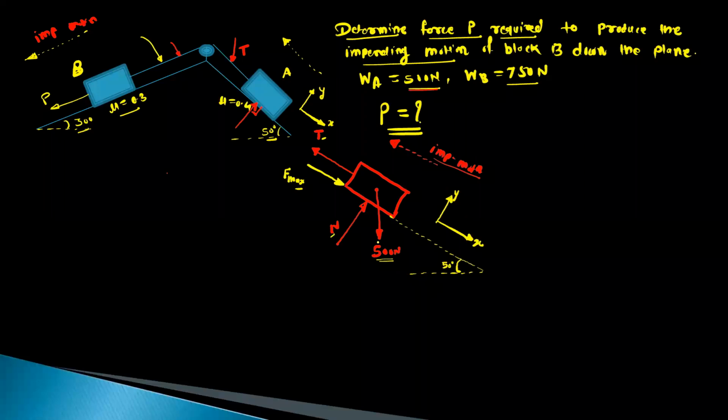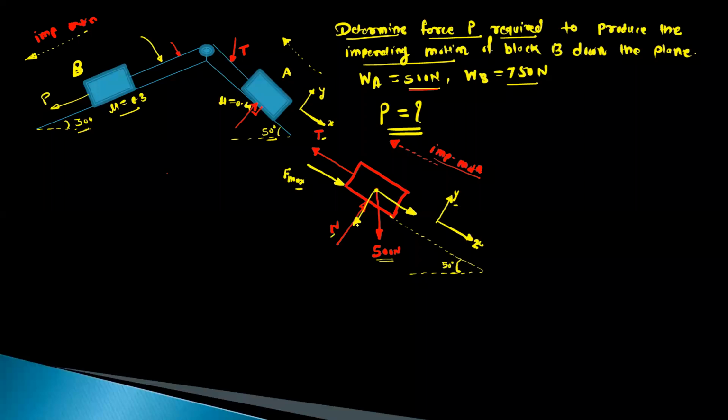For this 500 Newton, we can resolve the force at this point. Draw one component parallel to the x-axis, this is the x component, and a second component parallel to the y-axis, like this.